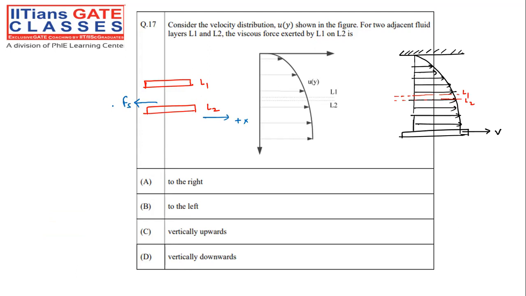So that is a very simple problem. They ask what will be the direction of viscous forces exerted by the L1 onto the L2 fluid layer: to the left, right? This is a very basic, fundamental thing.